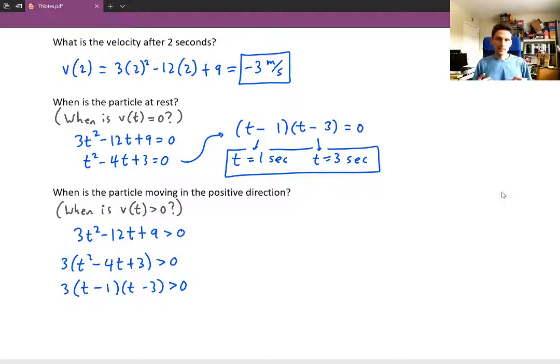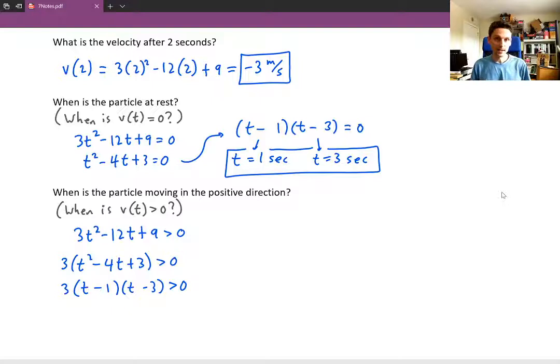Now what we do is a technique that back in pre-calculus you learn how to do, which is solve an inequality like this. Actually, you might have learned it even earlier than that, but this is a good time to review it. What we need to do to figure out when this expression is positive is first figure out the t values where the expression might change signs. And those will be the same t values that we were just looking at a moment ago, t equals 1 and t equals 3.